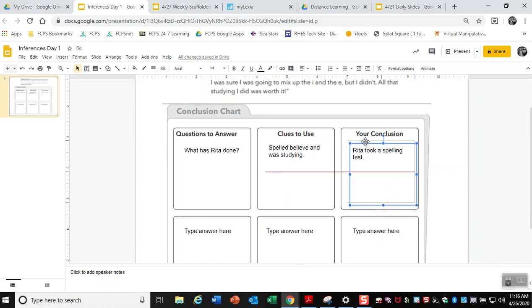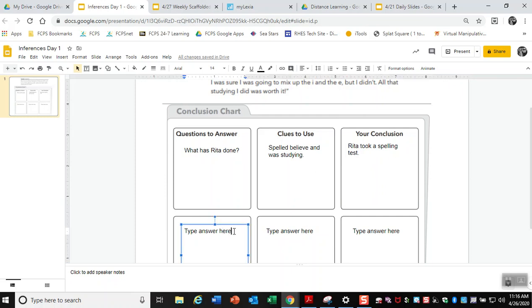Okay, so that there gives me my conclusion for what Rita has done. I know that she spelled believe and she was studying, and I know now that it seems like she took a spelling test. What I also want to know, because this question isn't answered either, is how did Rita feel?